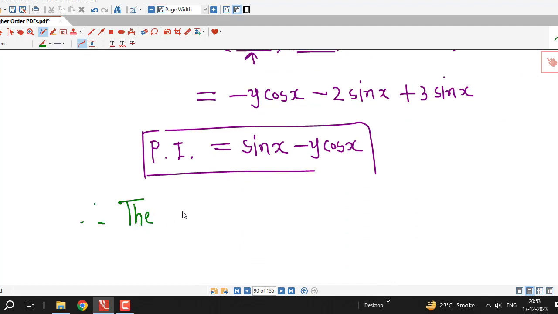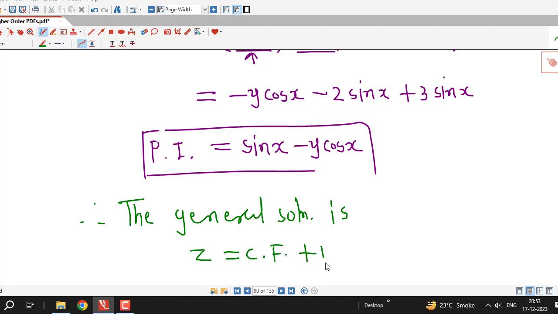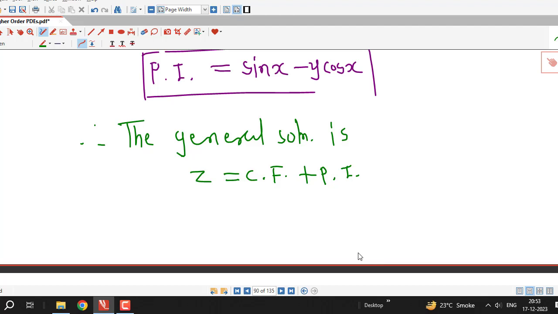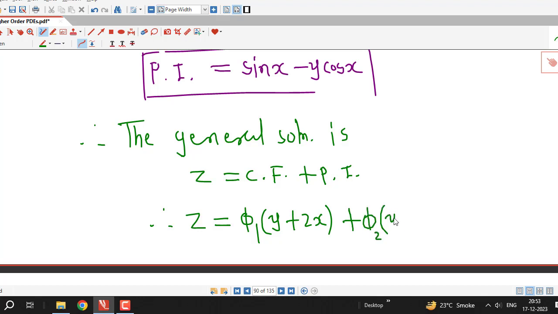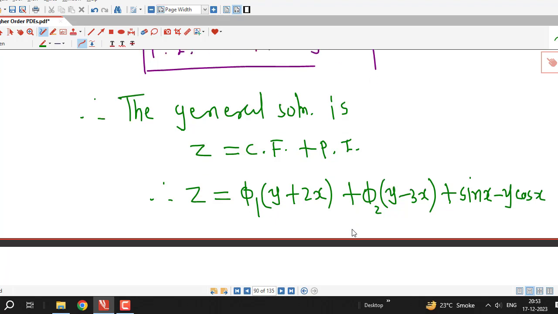Therefore the general solution is z equal to complementary function plus particular integral, and therefore z equals the complementary function, which was an arbitrary function of y plus 2x plus an arbitrary function of y minus 3x, plus sin x minus y cos x, and here phi 1 and phi 2 are arbitrary.